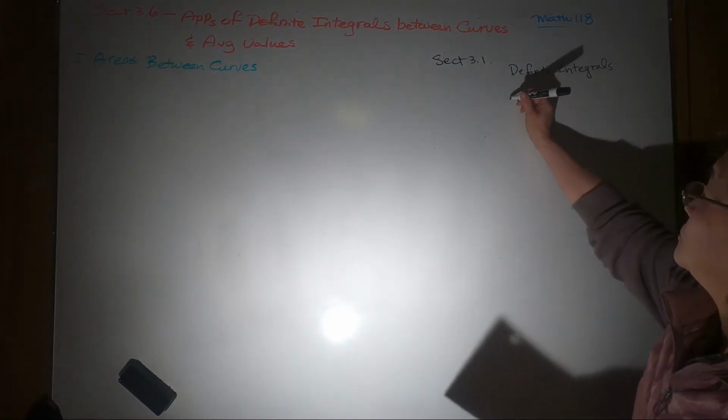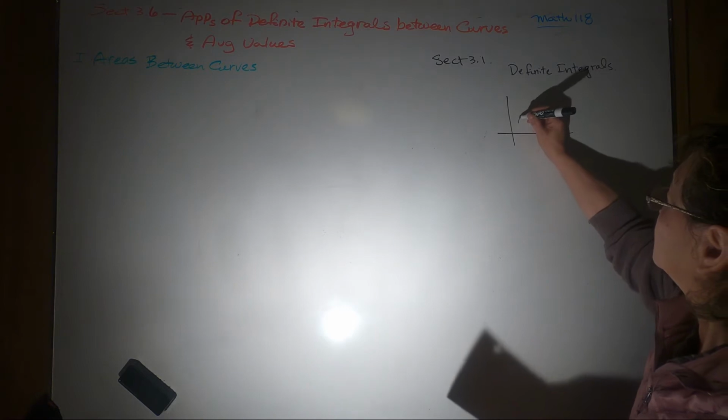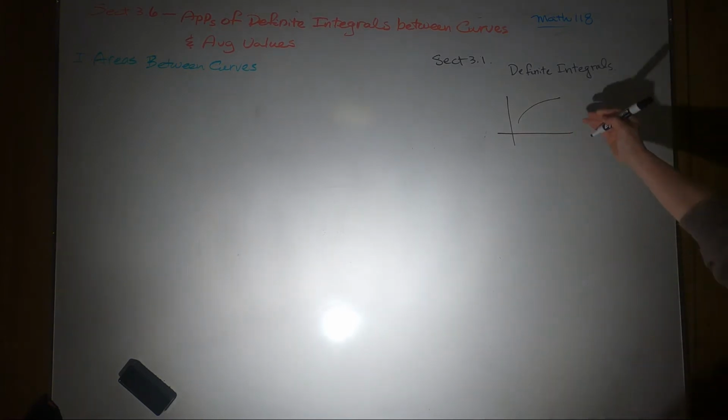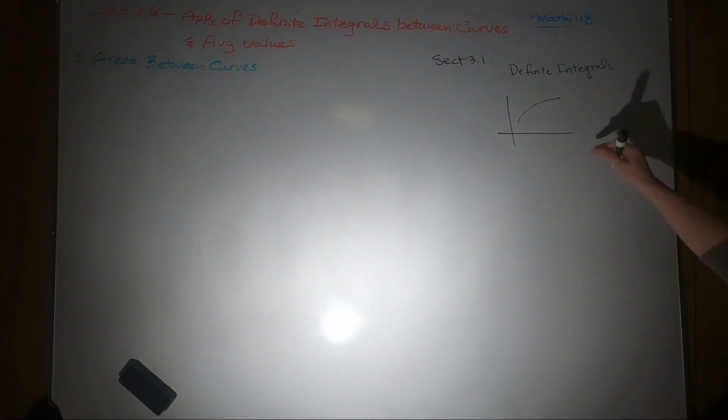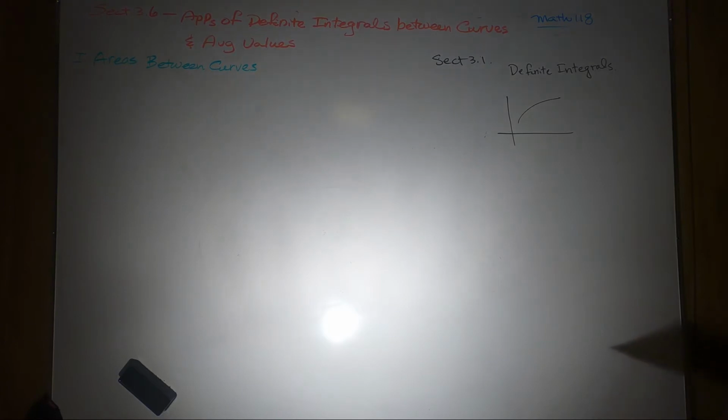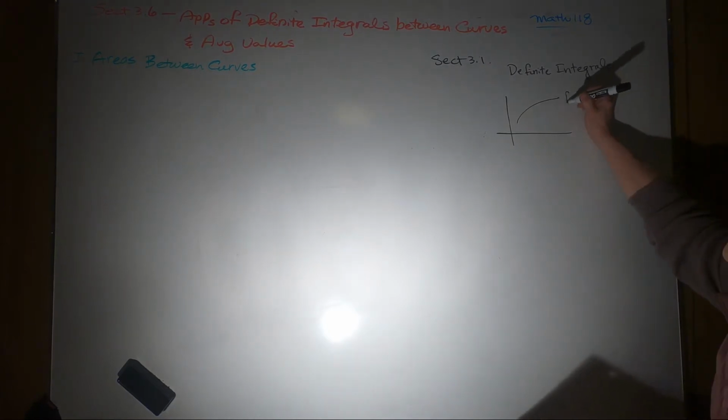So what 3.1 was saying, okay, if we have a curve like this, above the x-axis or positive value, this is your f of x.